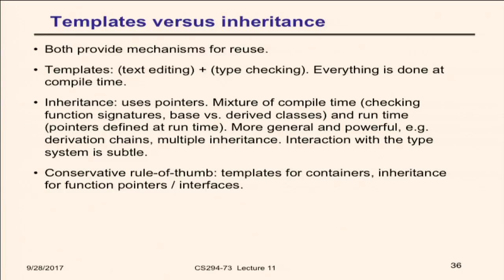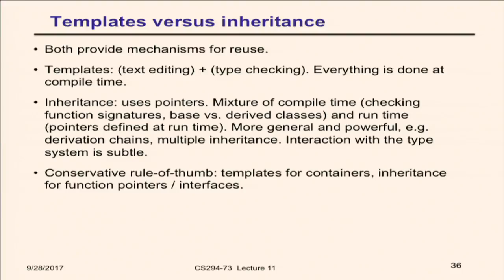More general and powerful, inheritance can do lots of things that you can't really do with templates, although that border keeps evolving in time. So you can have derivation chains. If you think of abstract algebra, you could have a class called group, and you can derive ring from that, which adds more things. You could derive division field from that, which adds more things, or a division ring from that, which adds more things. You can use derivation chains.